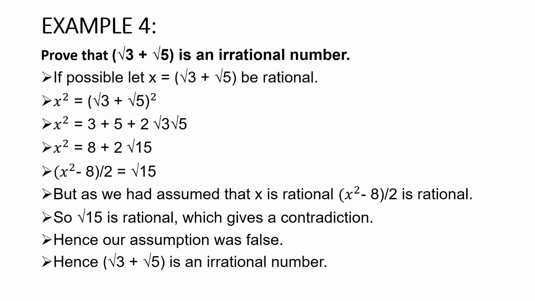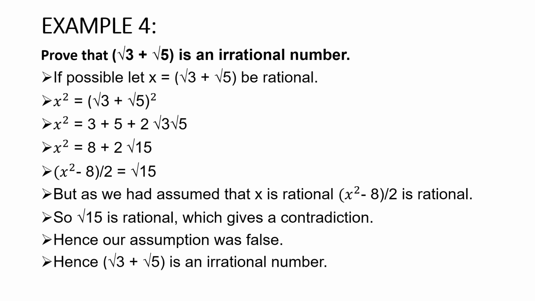Example 4. Prove that root 3 plus root 5 is an irrational number. Now suppose consider x as root 3 plus root 5. Suppose if it is rational, just square both the sides. So x square is equal to root 3 plus root 5 whole square. Simplifying you get x square minus 8 upon 2 is equal to root 15.